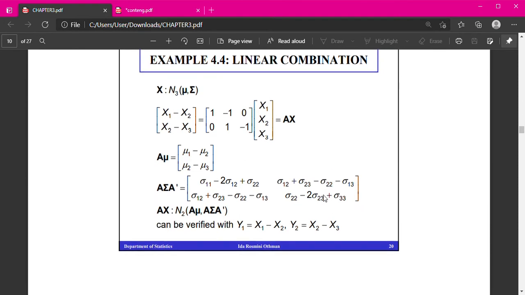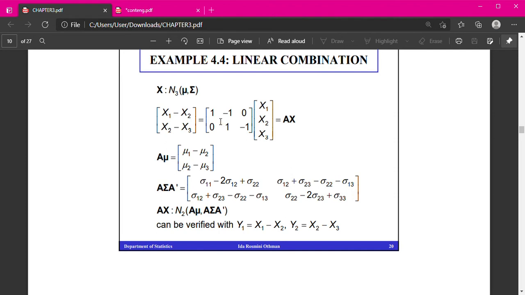Okay, ini contohnya. Okay, contohnya, sekarang ni X adalah N3. N3 maksudnya ada 3 variable, X1, X2 and X3 with mean mu dan variance covariance matrix. So now we have two linear combination, X1 minus X2 dan X2 minus X3. So we create the matrix of AX.